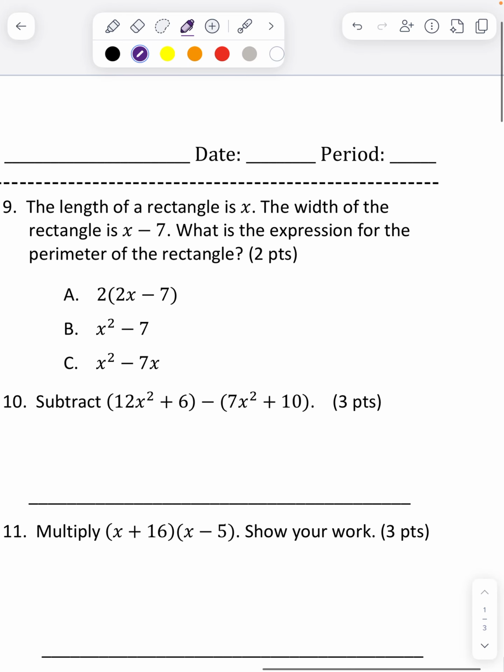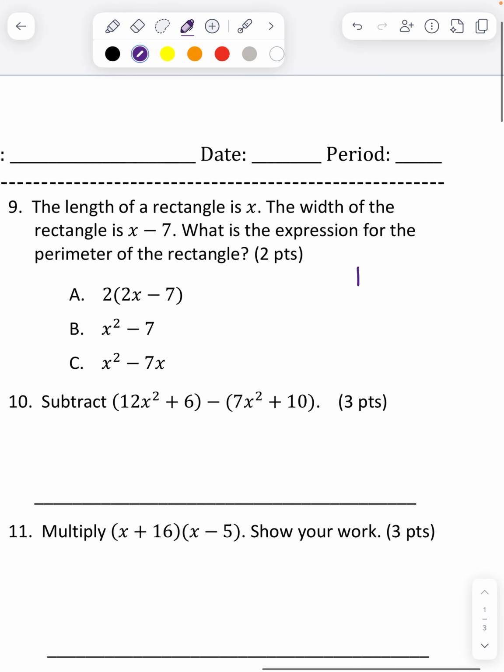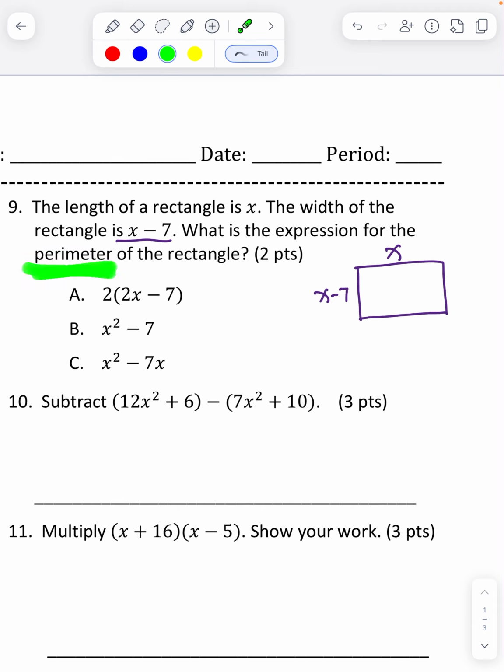Okay, number 9. The length of a rectangle is x. The width is x minus 7. What is the expression of the perimeter? Perimeter means we add all those sides together, right?